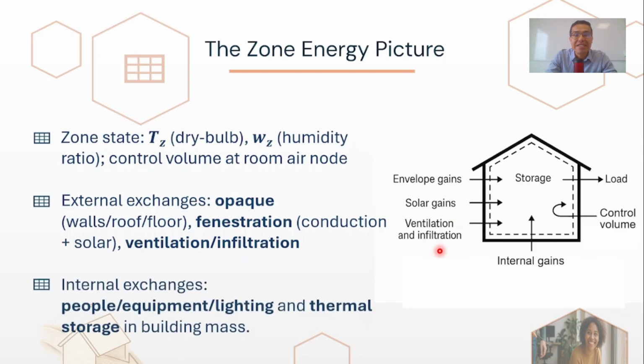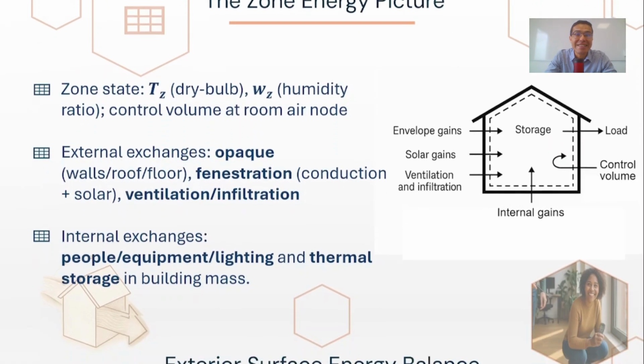And internal exchanges happen inside the room, like heat from people, or lights, or equipment. The walls and other building mass can even store some of this energy and release it later.